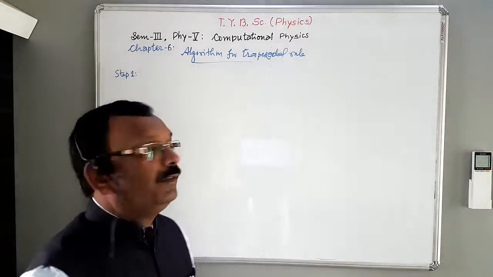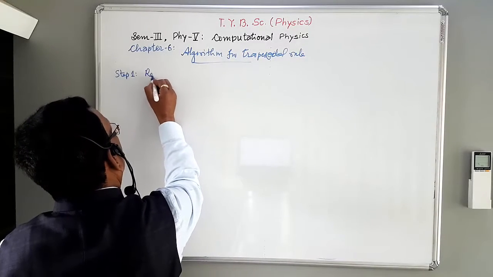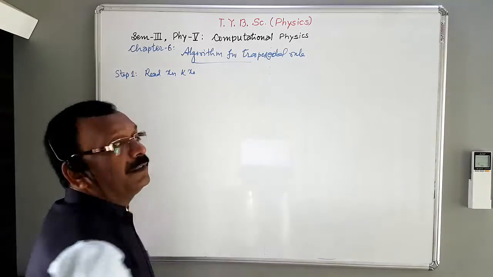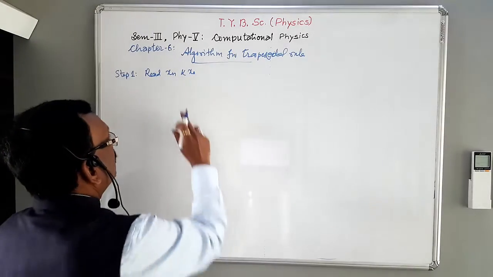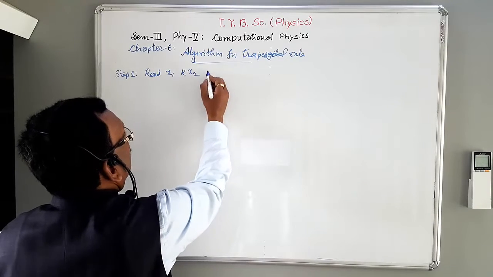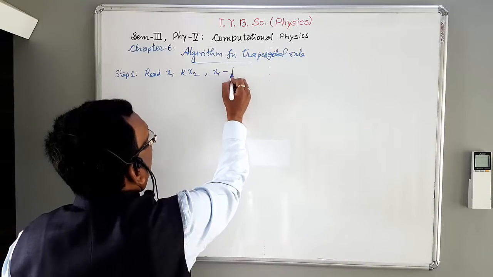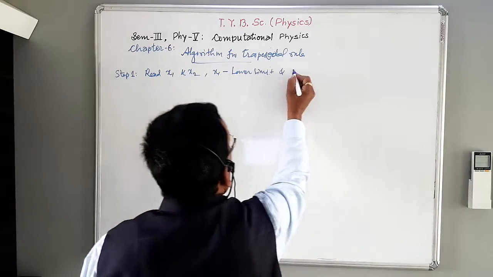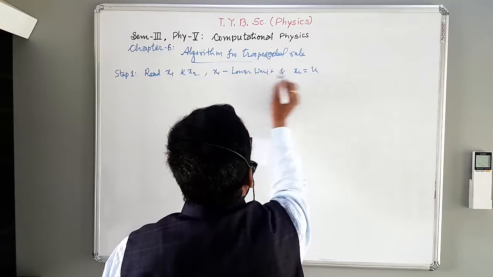In step 1, we have to read the values of x1 and x2, where x1 is the lower limit and x2 is the upper limit.